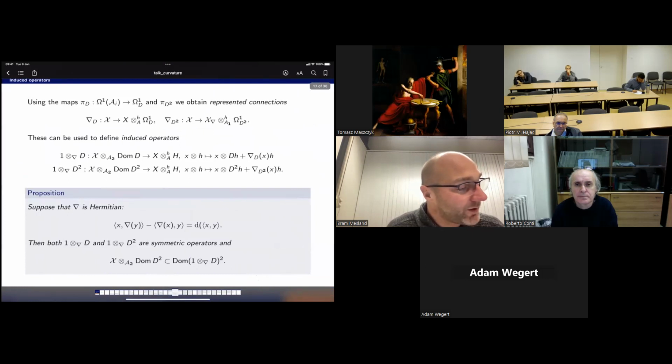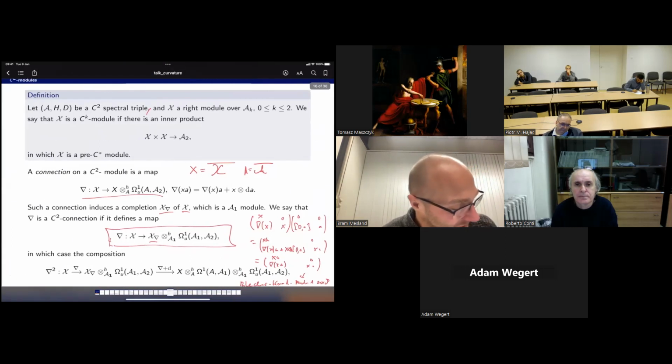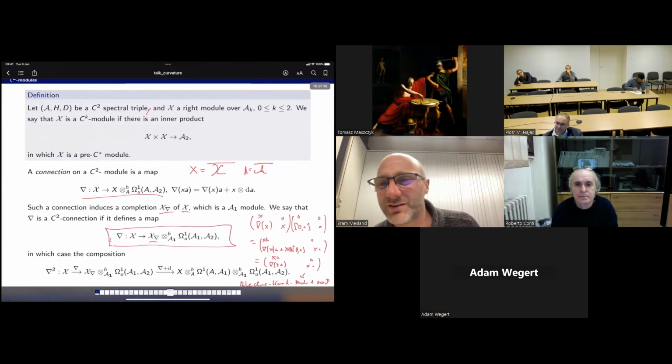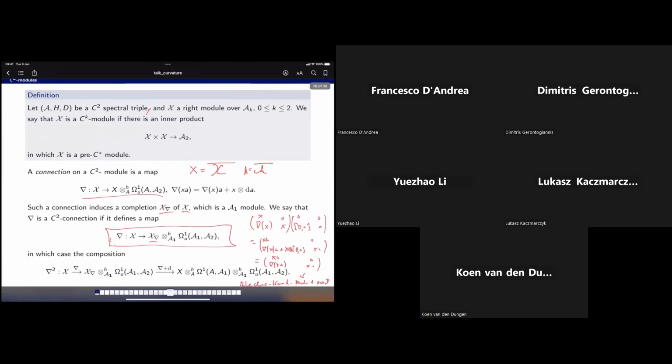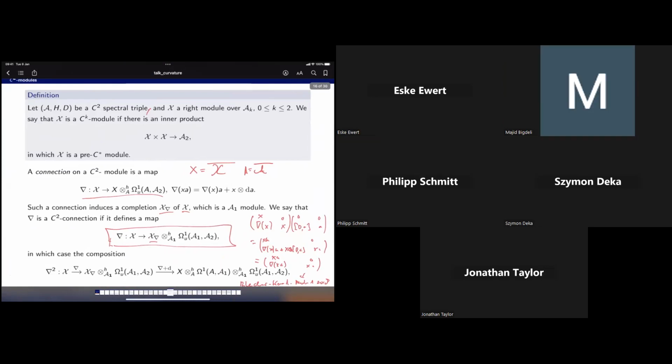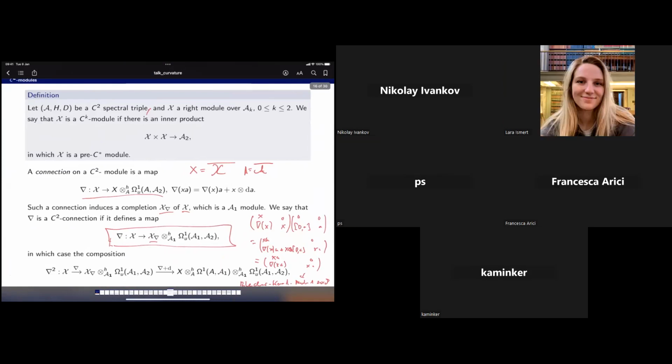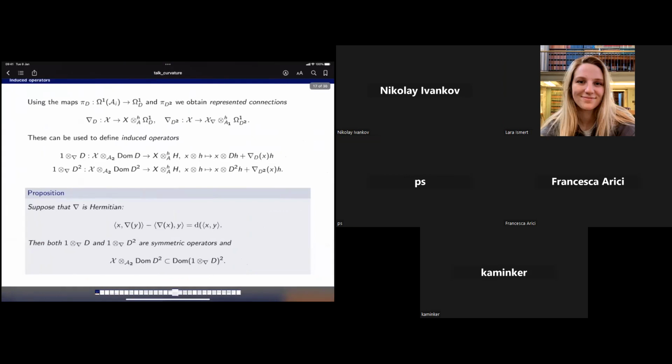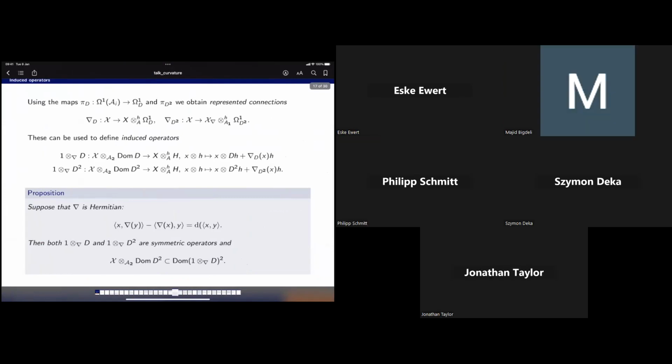So another thing we can do with these connections, so we now have C2 connections, and they have some curvature, but this curvature still lives in the universal realm. Of course, we can represent it using the maps I showed you before, and we will actually do that. But we can also do something else with these connections.